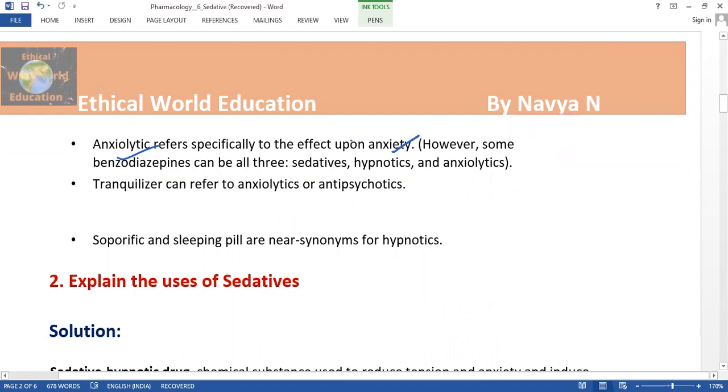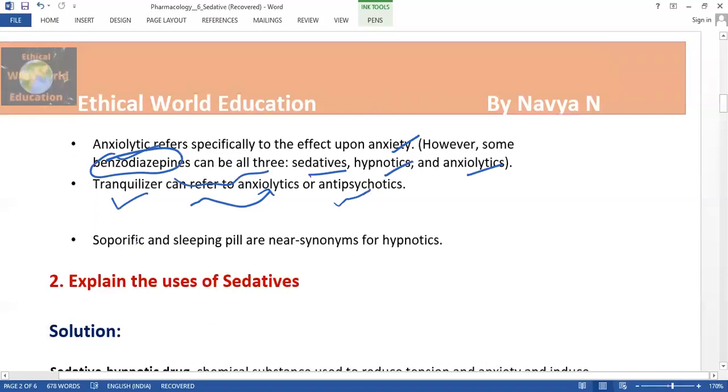However, some benzodiazepines can be all three: sedatives, hypnotics, and anxiolytics. We also call tranquilizers anxiolytics and antipsychotics.